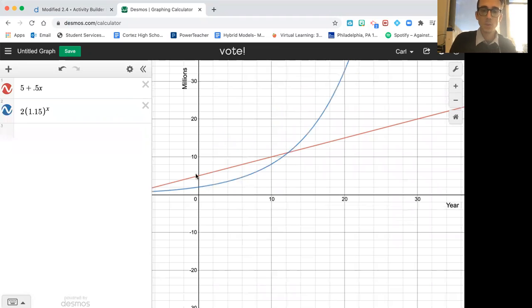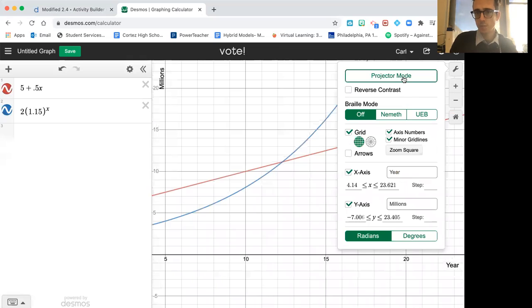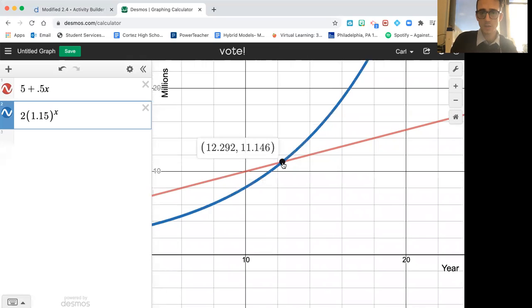All right. So when do you think that these are going to be the same amount of money? Is it at year 0? Probably not, because remember, one was starting at 2, one was starting at 5. Where do you think that's going to be? Hopefully you're saying right here, because as these are graphed out, we see that at some point they're going to intersect, which in this case is 12.29.